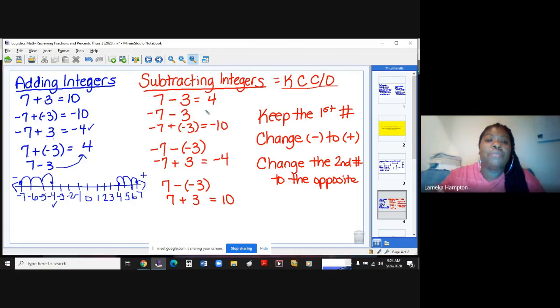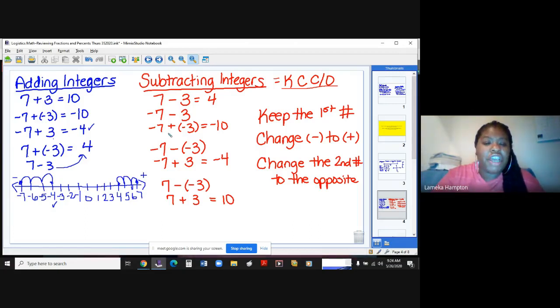And I want you to hear me clear when I say this. -7 minus 3. This is where we are going to apply the keep, change, change, or the keep, change, opposite rule. So what you would have to do, you are going to keep the first number the same. So I'm going to keep my -7 the same. I'm not going to change anything. I'm going to keep it the same.